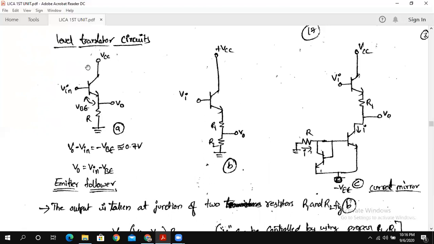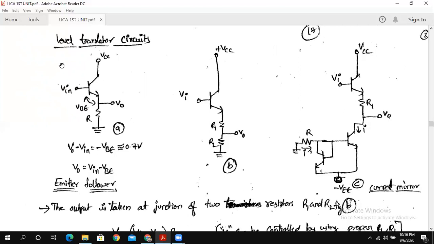From this circuit diagram, if you write the equation for the output voltage, V naught is equal to V in minus the voltage drop across the base to emitter, VBE.